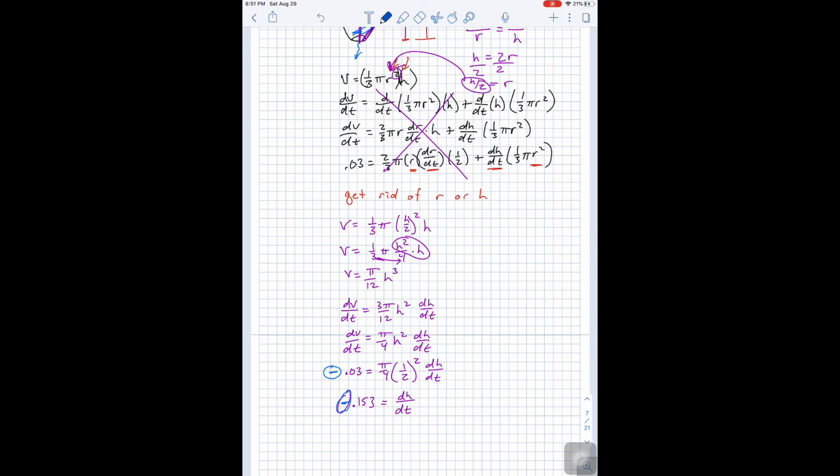Or you do not deal with the signs, but then in words you can say, the height is decreasing at a rate of 0.153. And that implies to the person that, yeah, that is a negative value and it's going down. Your book does negative, and because it's multiple choice, like on your homework, you're going to probably need to put the negative sign. But if you want to do that in words on your test, I'm okay with that.